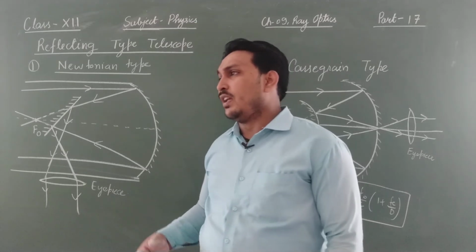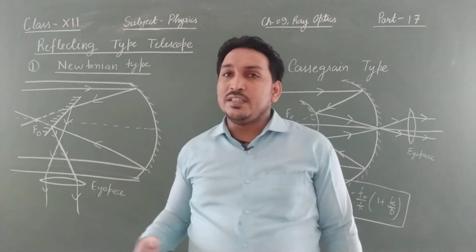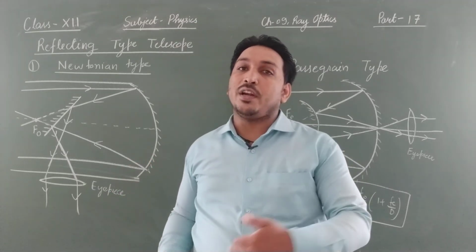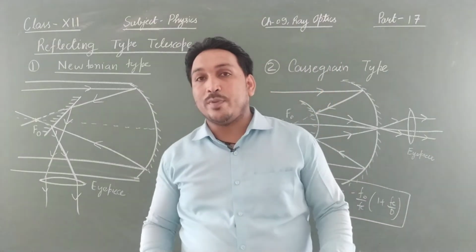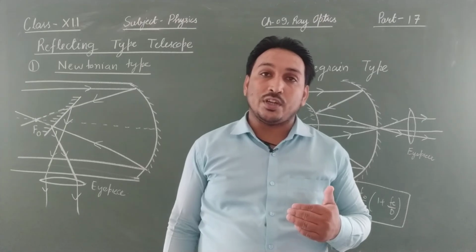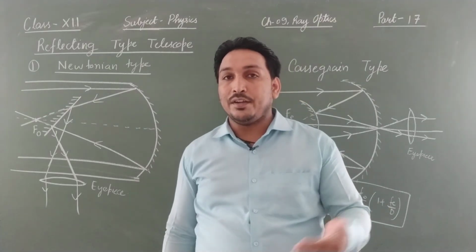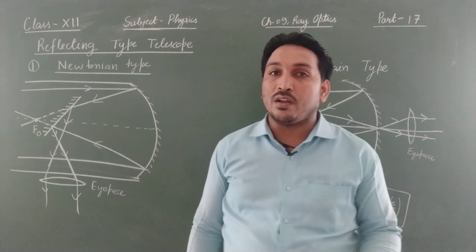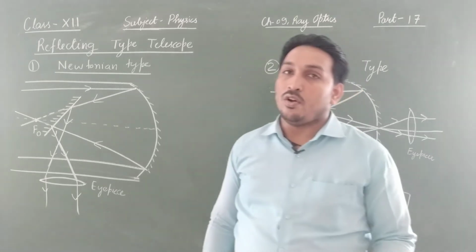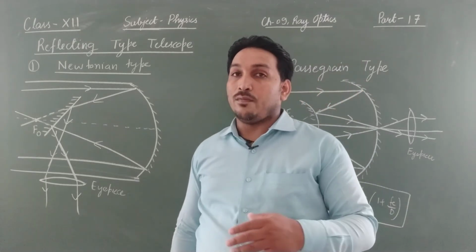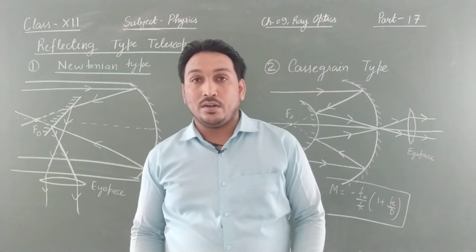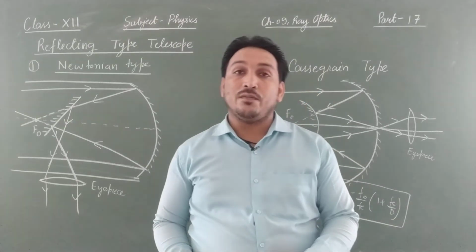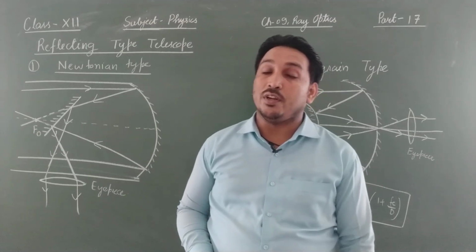Second point, reflecting type telescopes are easier to construct compared to refracting type telescopes. Suppose a telescope has to be made, its objective aperture has to be large, and it is very difficult to make a convex lens of, say, 1 meter aperture.